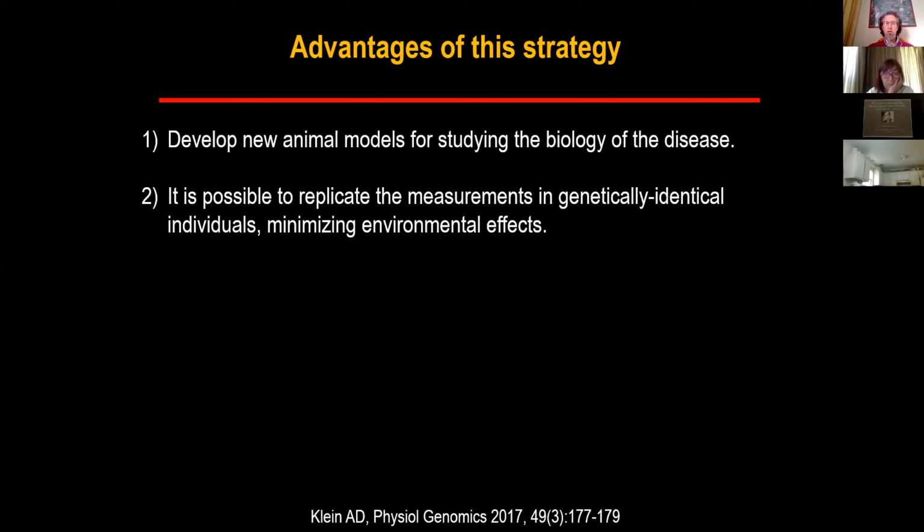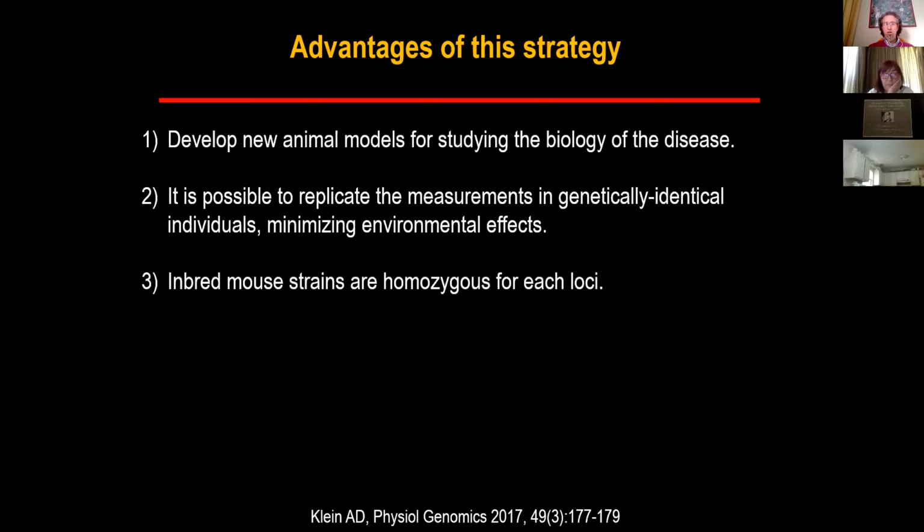Within every strain, the genetic variability should be 0, and that's why some people say that using this kind of strategy, we're minimizing environmental effects.